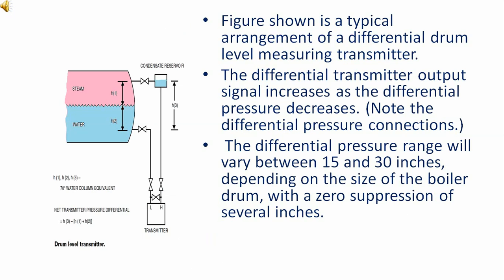The differential transmitter output signal increases as the differential pressure decreases. Please note the differential pressure connections. The differential pressure range will vary between 15 and 30 inches depending on the size of the boiler drum, with a zero separation of several inches.